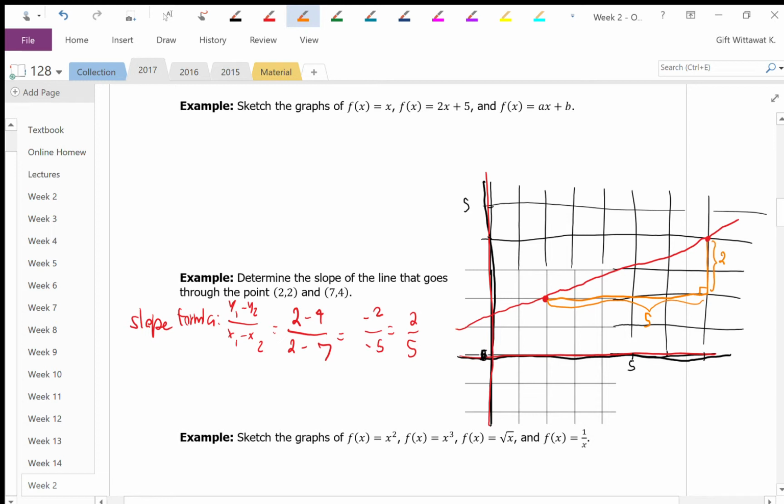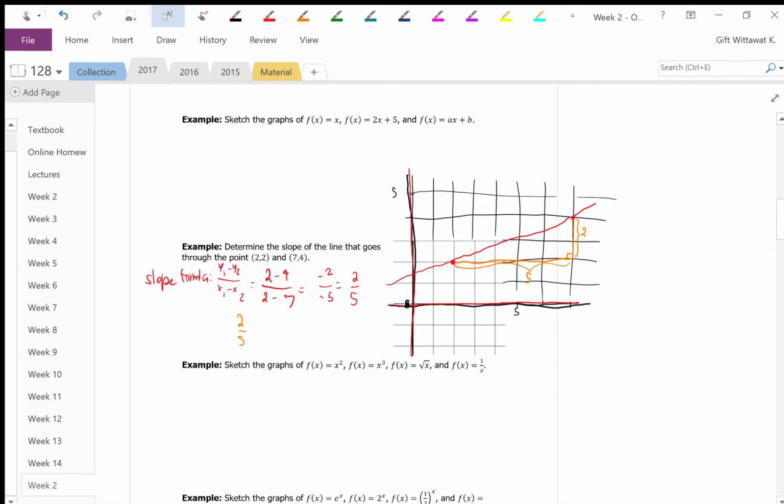So the slope of this line is 2 over 5, and that's the same number that we encountered earlier. If you use the triangle method, however, make sure that you take into account when your line has negative slope as well, because that would mean your triangle would have negative height. So that's for this one.